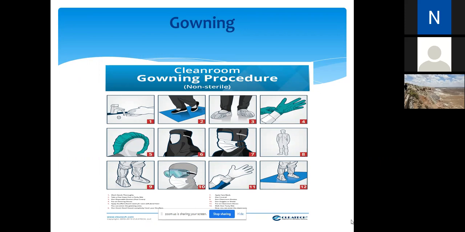After you put on your first pair of gloves, you have protected your feet and your hands. Now you can use your hands to pick up the bonnet, the little thing you put over your head, and make sure all your hair, if you have long hair, is tucked in, because hair is still detrimental to your processes.